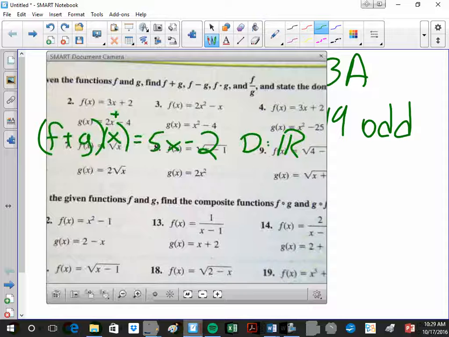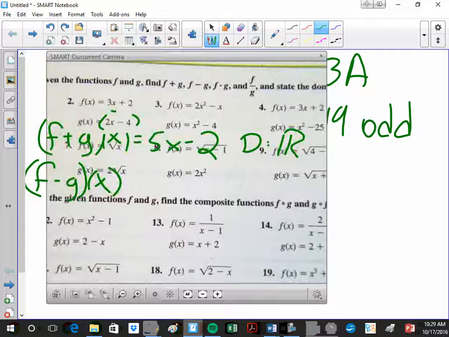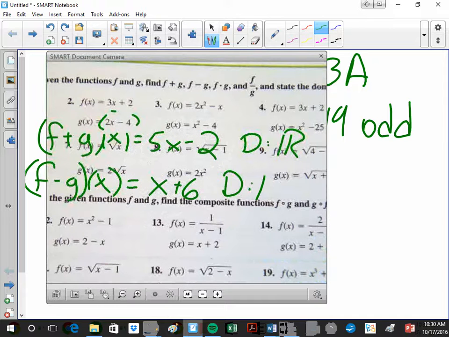The next function, f minus g of x, is simply f minus g. So 3x plus 2 minus 2x minus 4 turns into 3x minus 2x is x. 2 minus negative 4 is 6. Do any of those three have any domain restrictions? No. So the domain would be all real numbers.